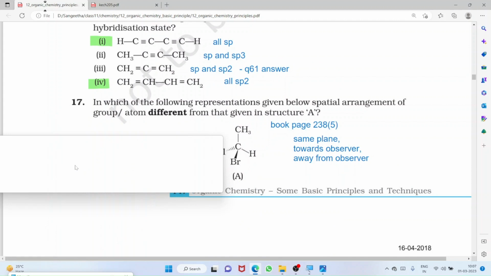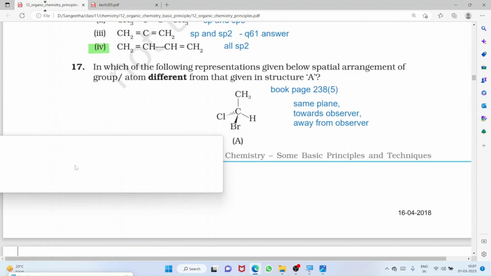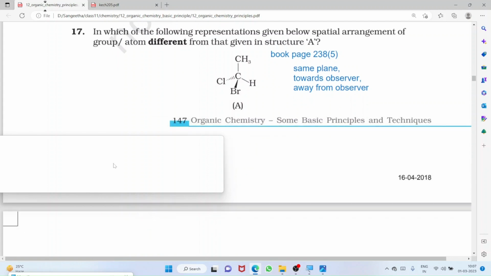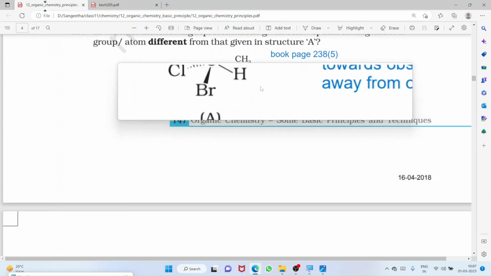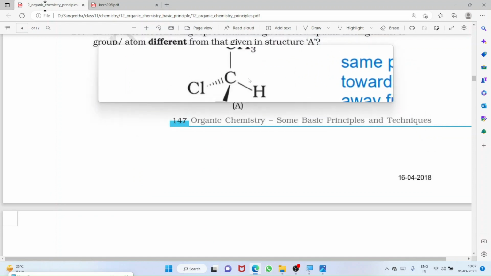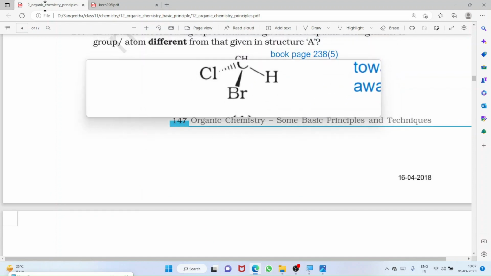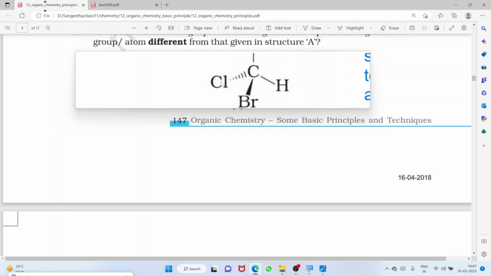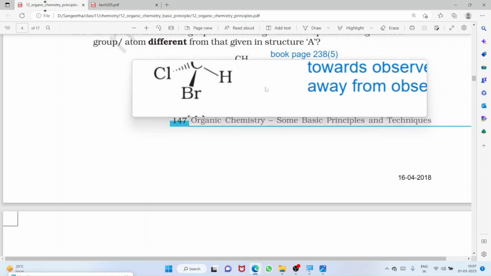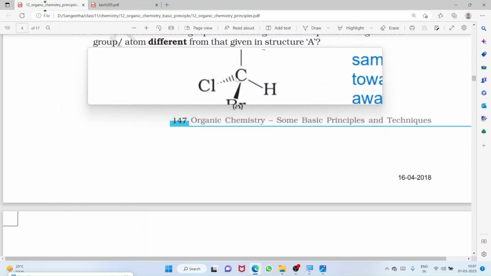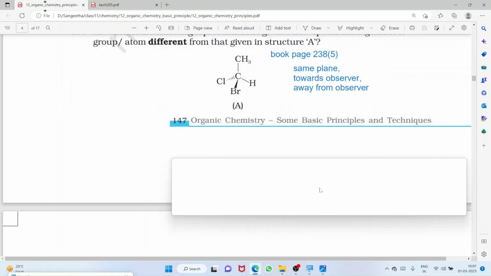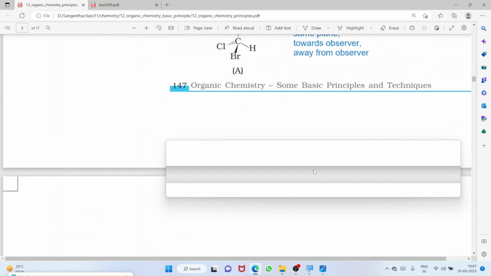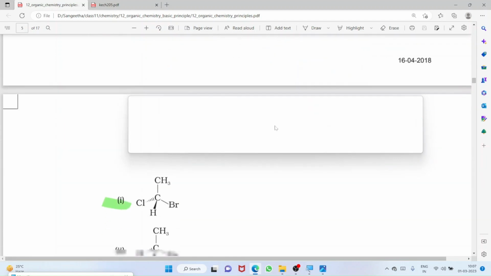In which of the following representations given below is the spatial arrangement of the groups different from the given structure? See here, the single line means the same plane. This is towards the observer. This is away from the observer. This arrow is pointing towards the observer. If you take that rule, then all are different only.